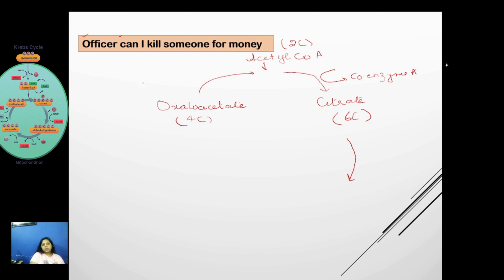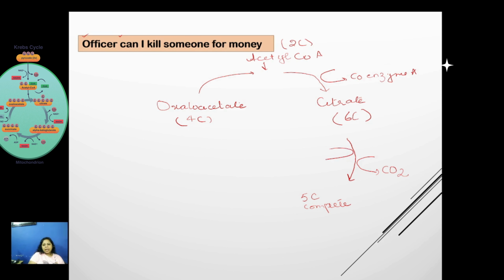When there is K, which is alpha ketoglutarate, there is removal of carbon dioxide. So one carbon is removed and it makes a 5 carbon compound. You don't need to learn the structure of alpha ketoglutarate.